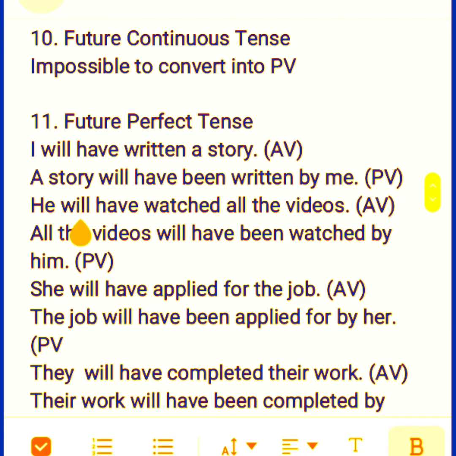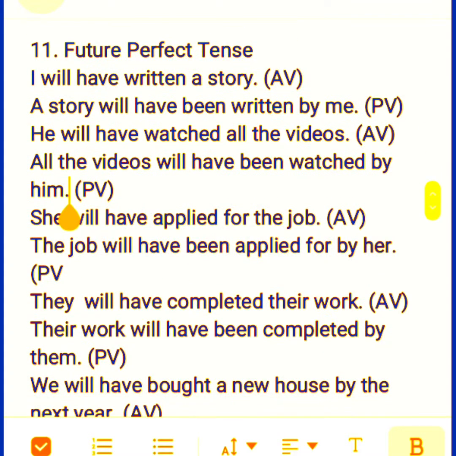He will have watched all the videos. Now all the videos is the object. All the videos will have been watched by him. She will have applied for the job. The job is the object. The job will have been applied for by her.